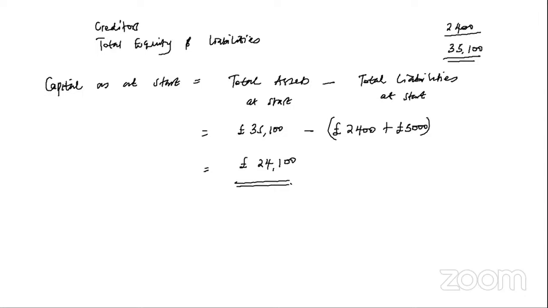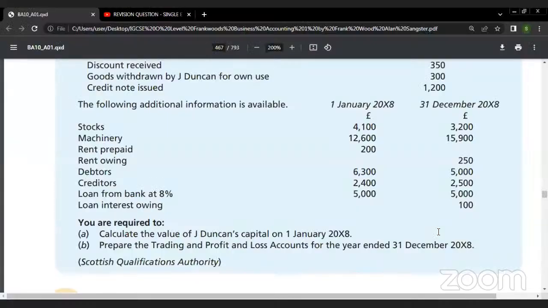So that's it. When I take you back to the question, we need to see the next part of the question, and then we move on. So part B of the question, prepare the trading and profit and loss accounts for the year ended 31st December 2008.